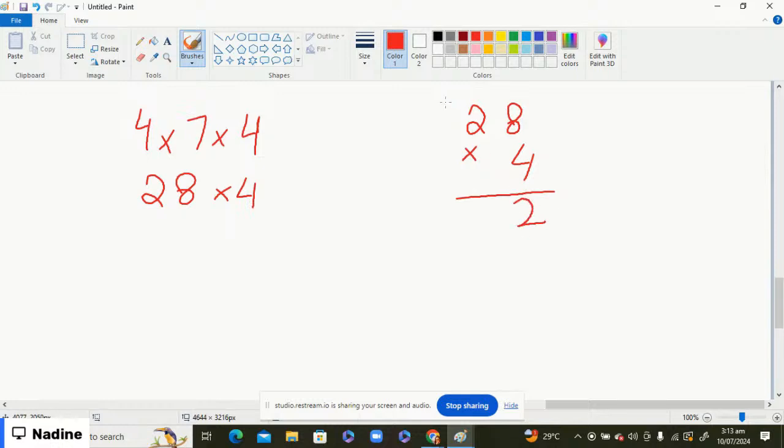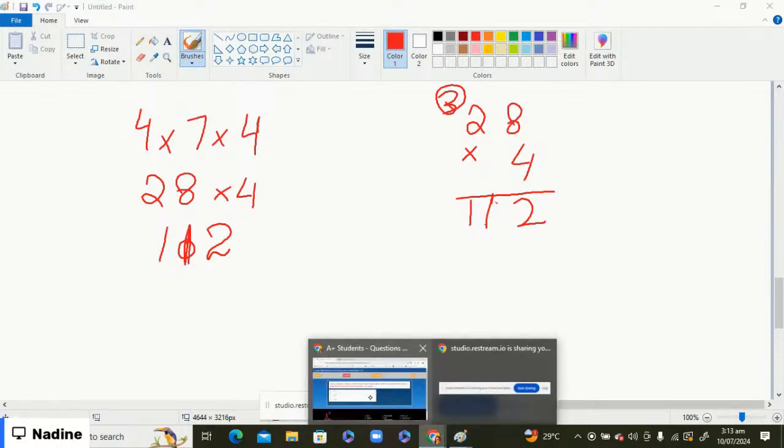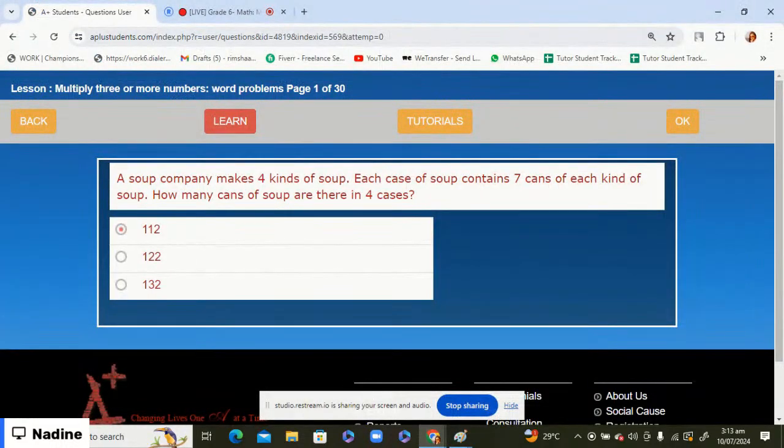You put 2, 3 goes up as a carry. 4 times 2 is 8. 8 plus 3 is 11. So it's 112. What's your answer when you solve it? Is it the same, 112?